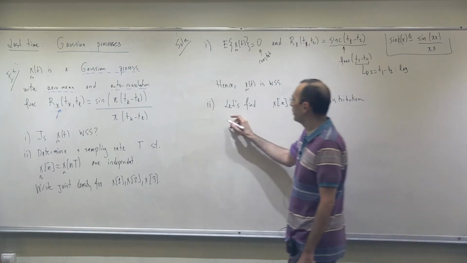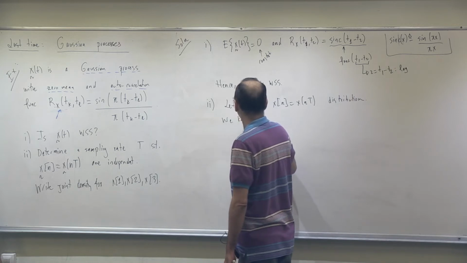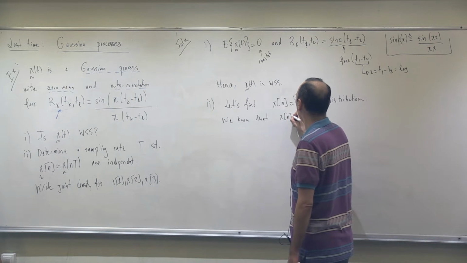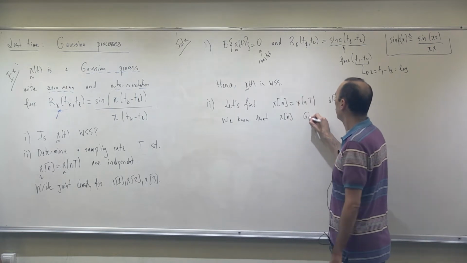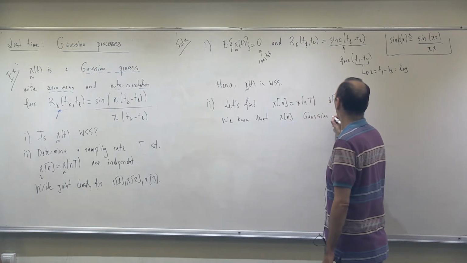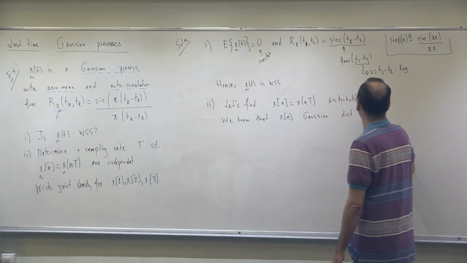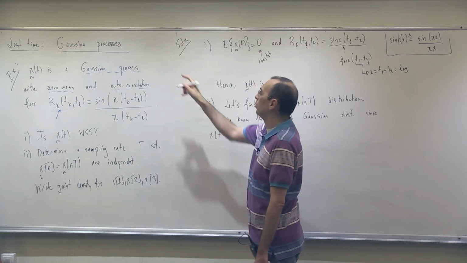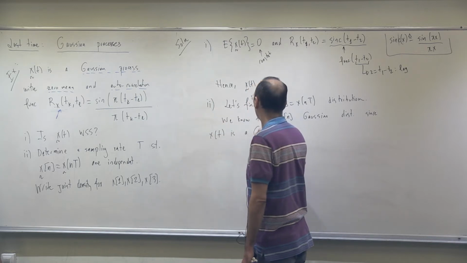So we know that x of nT, this sample, is Gaussian distributed, since this process, x of t, the whole process, is a Gaussian process.